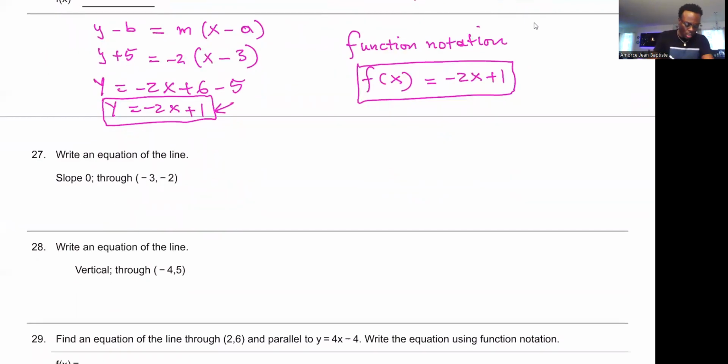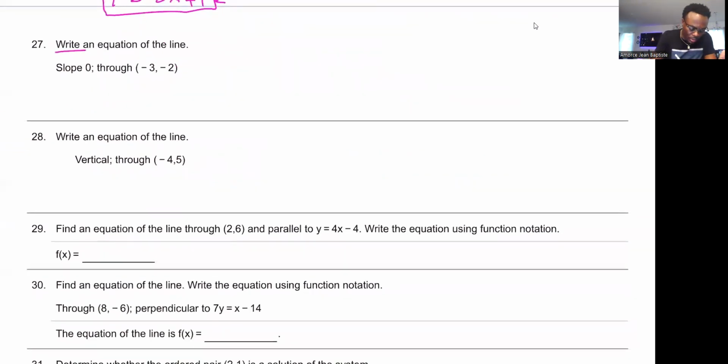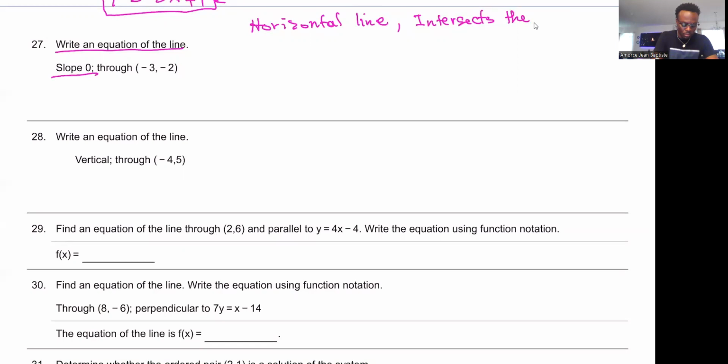And if you remember, in number 27, they say write the equation of the line, but they say that the slope is 0. A slope 0 line is horizontal. That intersects the y-axis only.